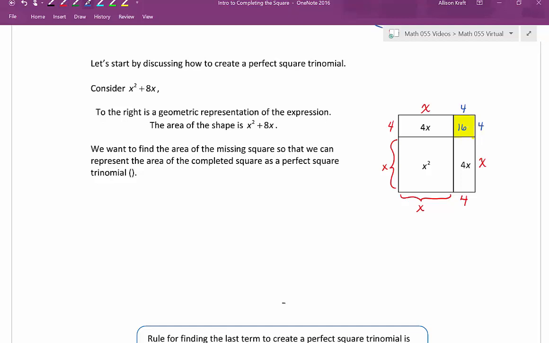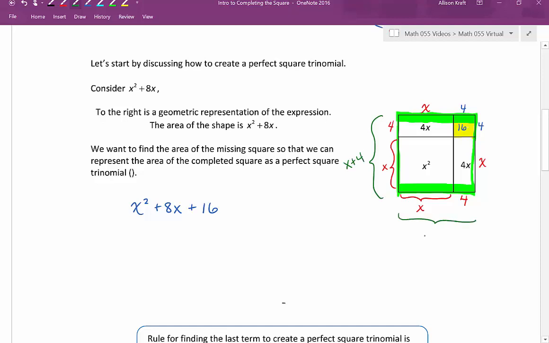Therefore, if we added 16 to x squared plus 8x, I would have this completed square. Look at the big square. I would now have a completed square. The side of this completed square on the left is going to be x plus 4, and the side of the completed square on the bottom is also x plus 4.